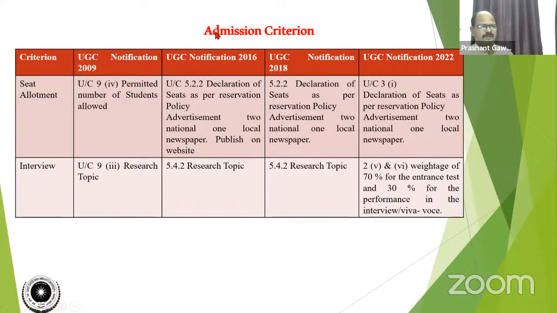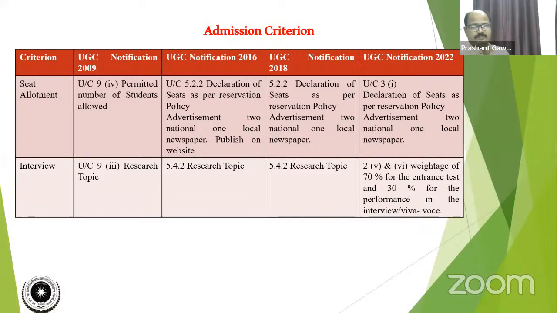But during 2016, under clause 5.2.2, the declaration of seats as per the reservation policy is mandatory, initiated by the University Grants Commission through an advertisement in two national and one local newspaper, as well as publication on the website of the university and on the institutional website. This is the major change during 2016.